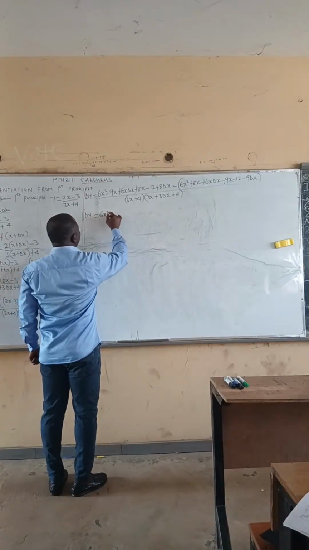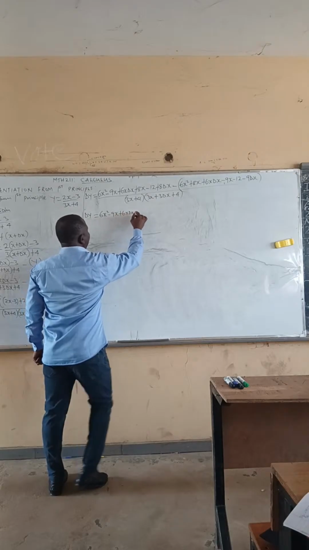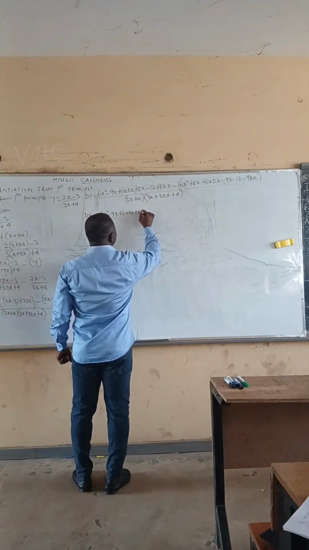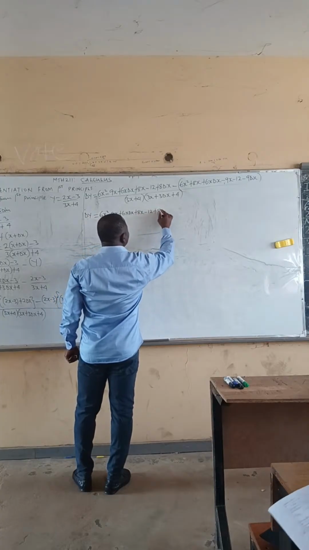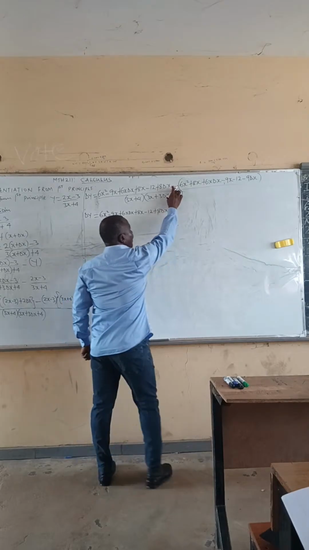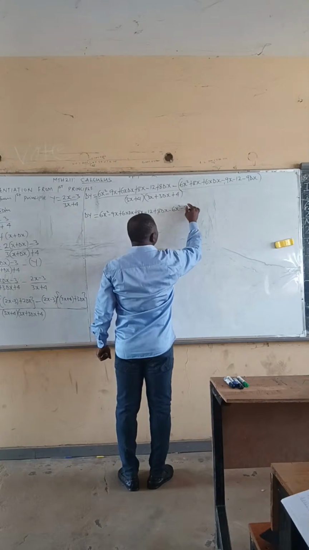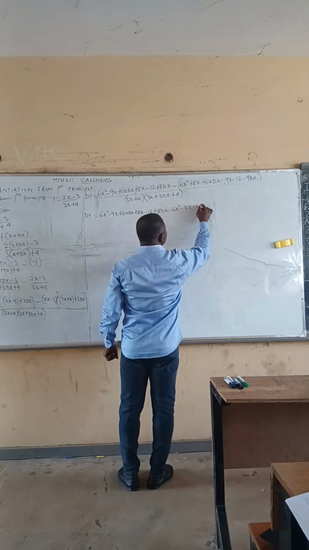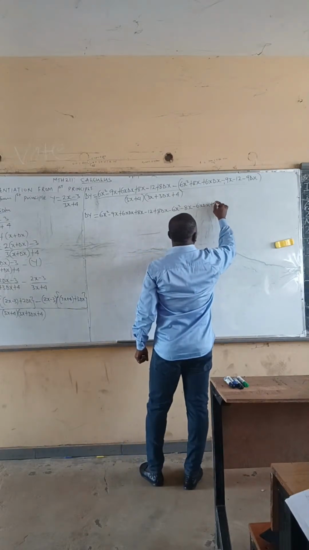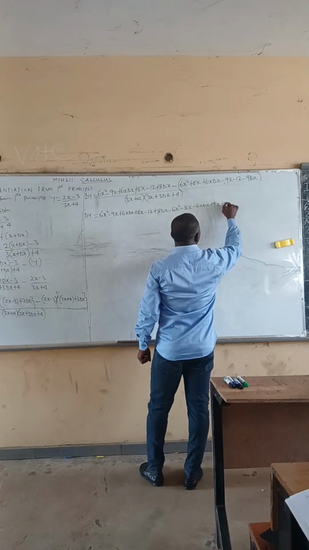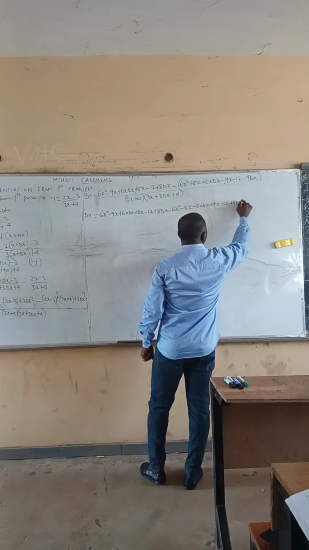6x squared minus 9x plus 6x dx plus 8x minus 12 plus 8 dx. Open this bracket. Minus 6x squared minus 8x minus 6x dx plus 9x plus 12 plus 9 dx.